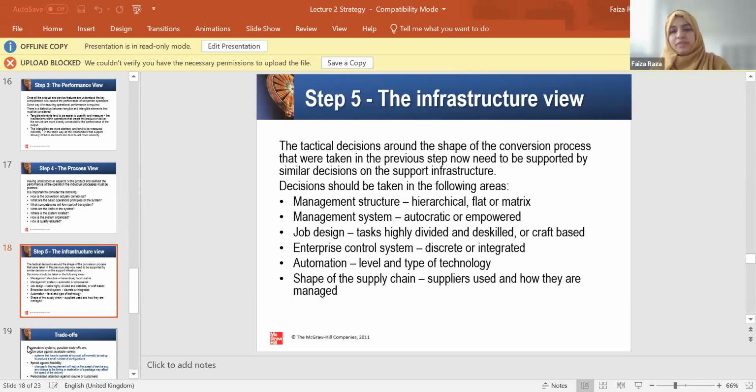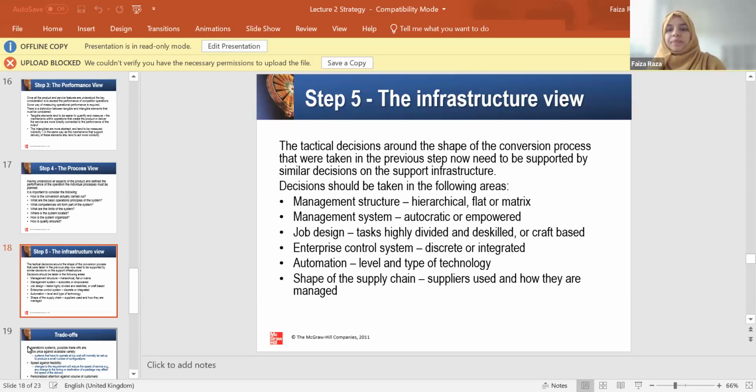The management system can be autocratic, empowered or democratic. Are you delegating authority, or keeping authority in a system where decisions go from top to bottom? Then job design: are tasks highly divided and de-skilled, or craft-based?